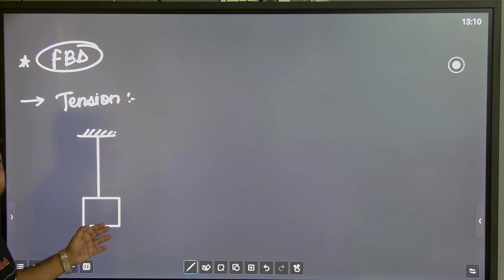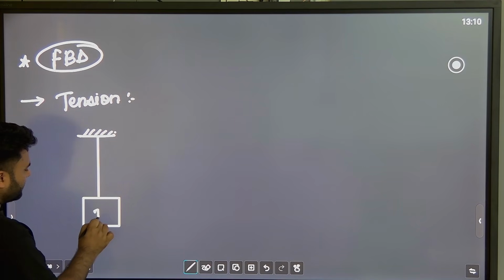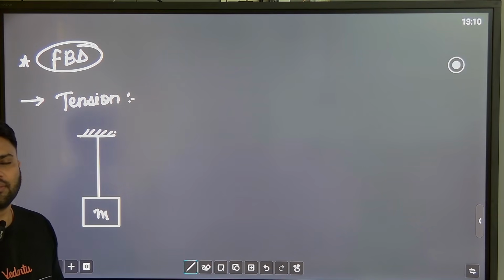There is one string attached to this object. The mass of the object is m.